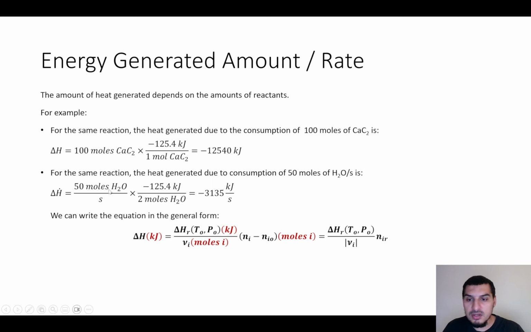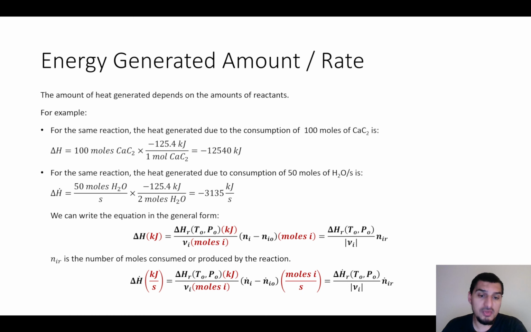Or we can just write it in this form, which is easier. This is the number of moles reacted, either consumed or produced, the absolute value, divided by the absolute value of the stoichiometric coefficient. So this equation can be used to calculate the total energy produced, or the total rate of energy produced if it is per unit time. This is simply how we can calculate the total rate.